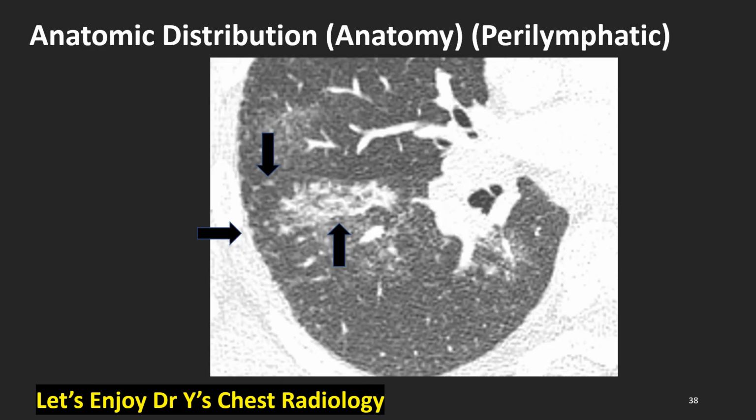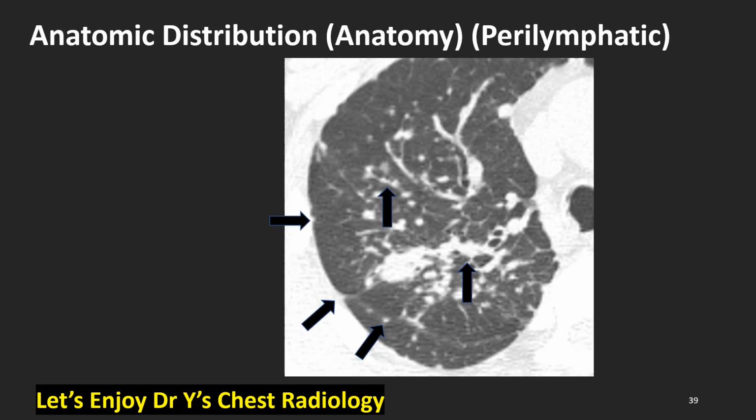Anatomic distribution, perilymphatic. Arrows indicate micronodules of perilymphatic distribution. This patient has sarcoidosis. Anatomic distribution, perilymphatic.